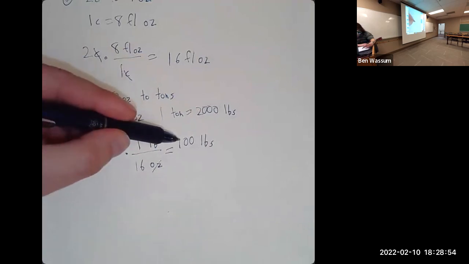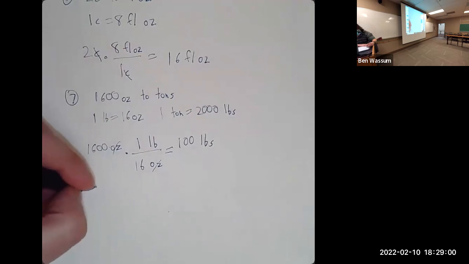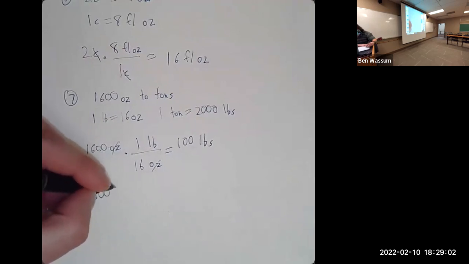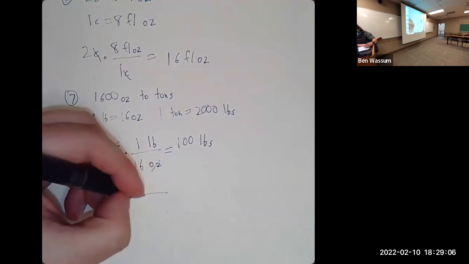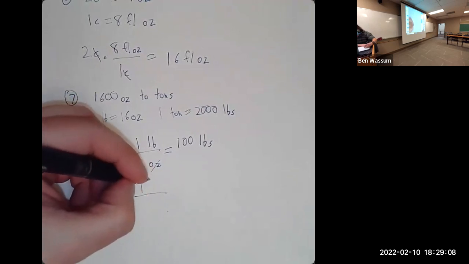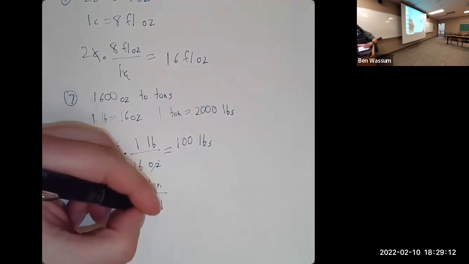Now we can take that and convert it to tons. So 100 pounds. 1 ton is 2,000 pounds.